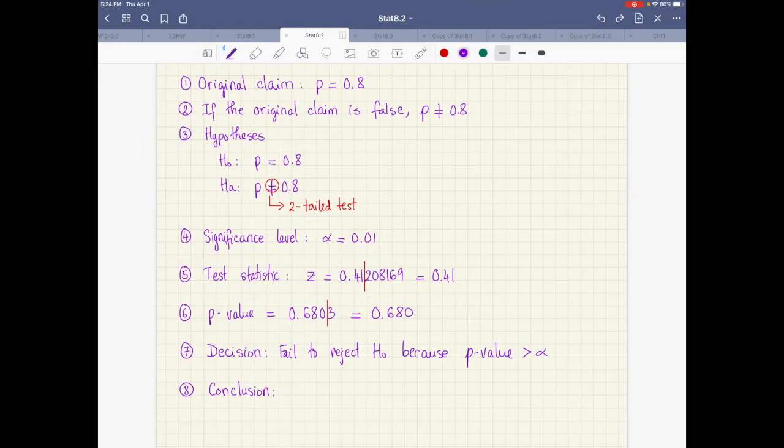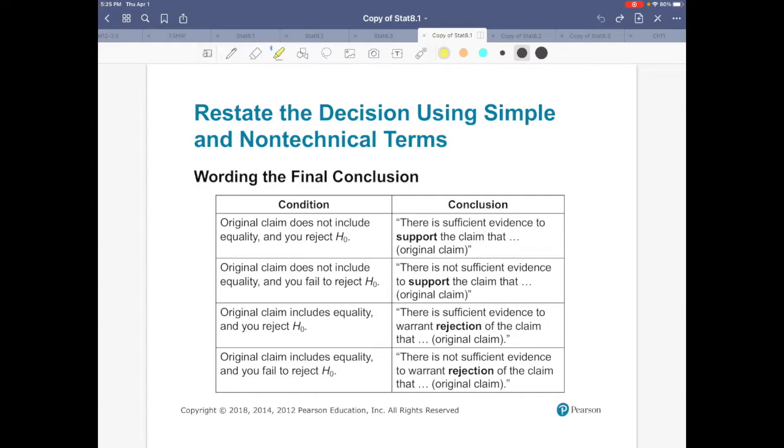The last step is to state the conclusion without technical terms. If you still need help stating your conclusion, please visit the chart in section 8.1. My original claim contains the equality, and I failed to reject H0. Here's the chart that helps me restate my conclusion: original claim includes equality, and I fail to reject my H0.